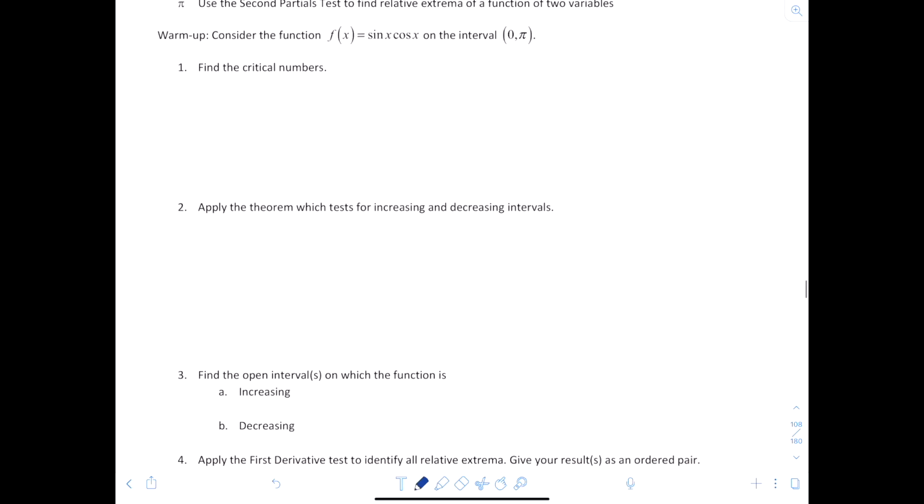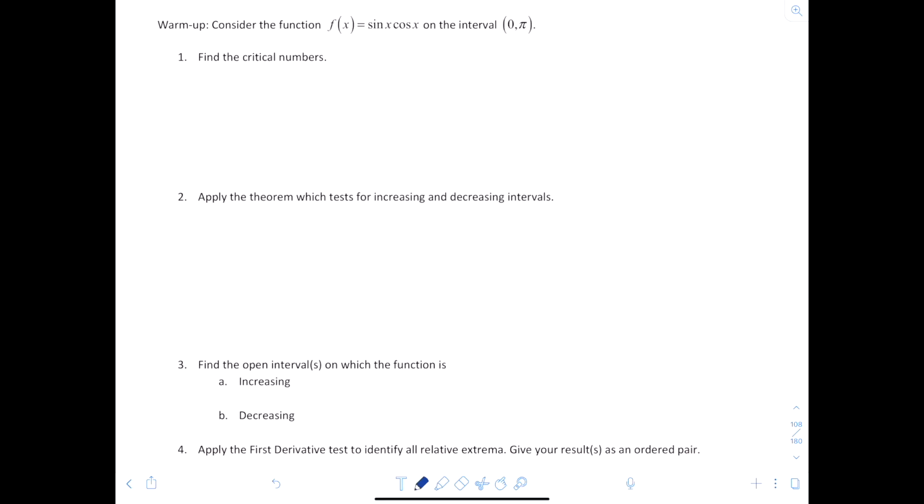So for this graph here, f of x equal to sine of x times cosine x, when we find the critical numbers, remember, you want to find the first derivative and then set that equal to 0. So the first derivative, we use the good product rule.